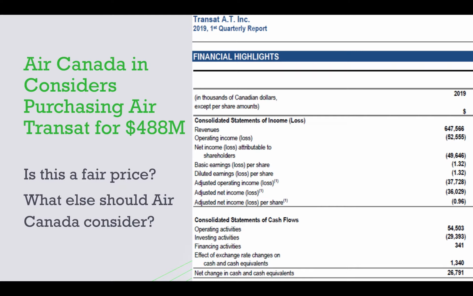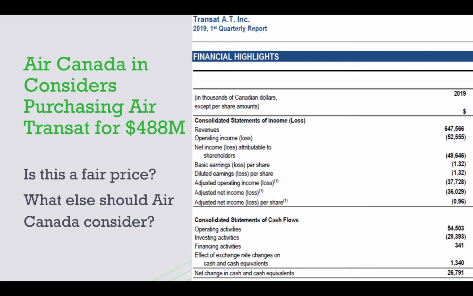Here's an example. In 2019, Air Transat was an airline, and Air Canada was considering purchasing it. At the time, Air Transat, you can see at the bottom there, is making 26.7 million in its first quarter.